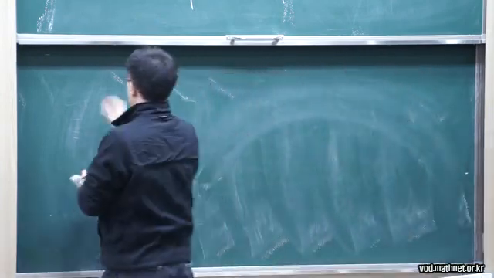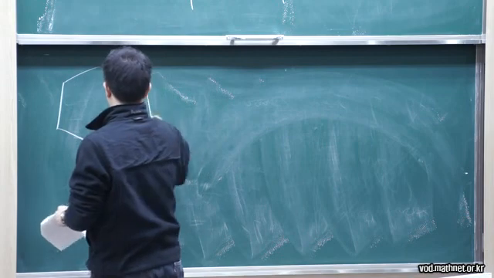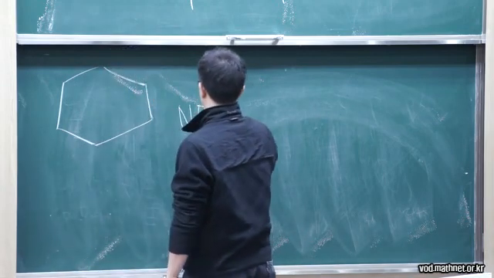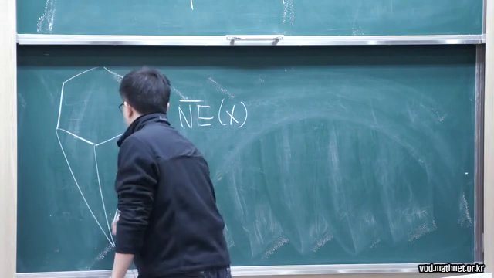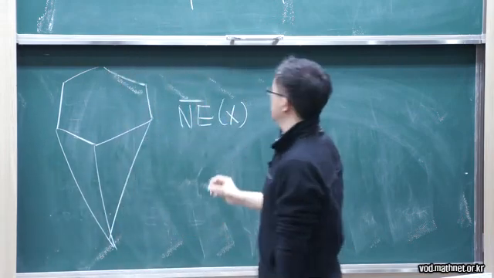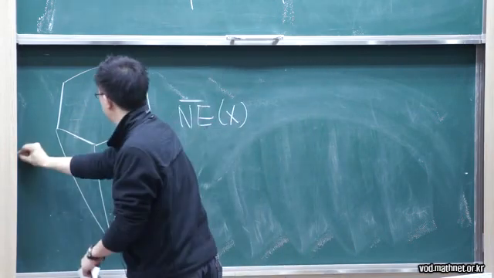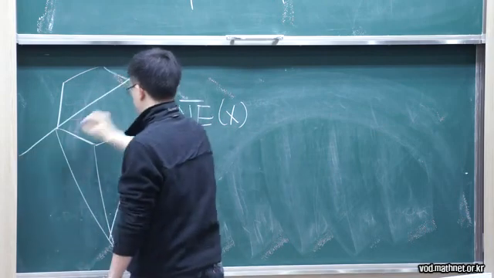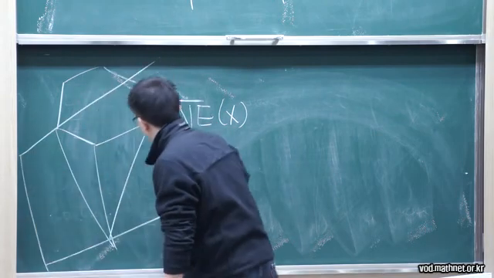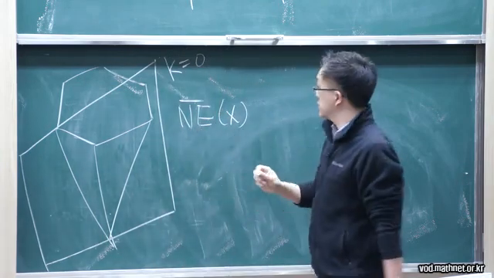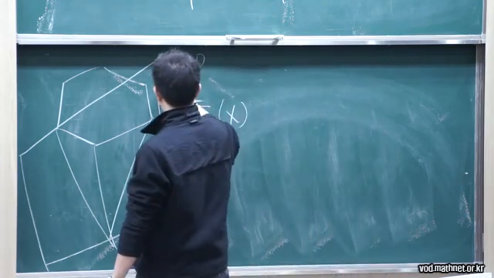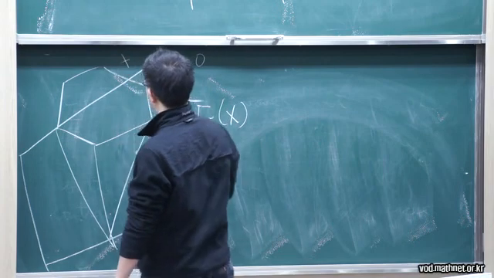So if we have the Mori cone, it looks like this, and you intersect it with the hyperplane defined by K equals 0. This is the negative side, and this is the positive side.